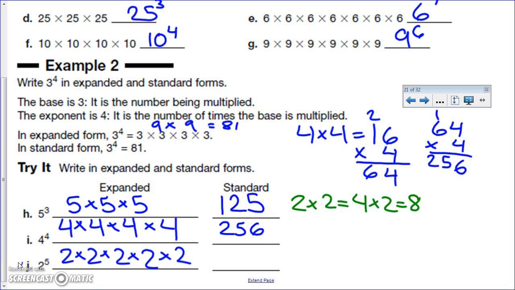Times 2 is 16. Times one more 2, because we have to use all 5 2s. 16 times 2 is 32. So 2 to the 5th, or 2 times 2 times 2 times 2 times 2, is 32.